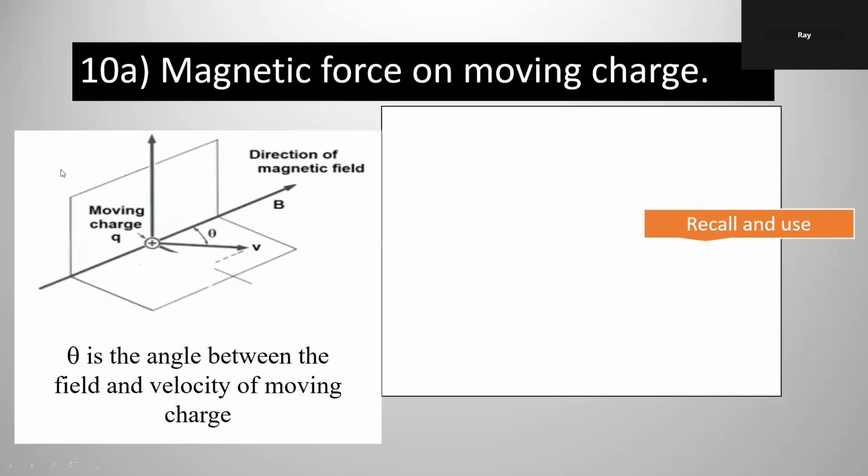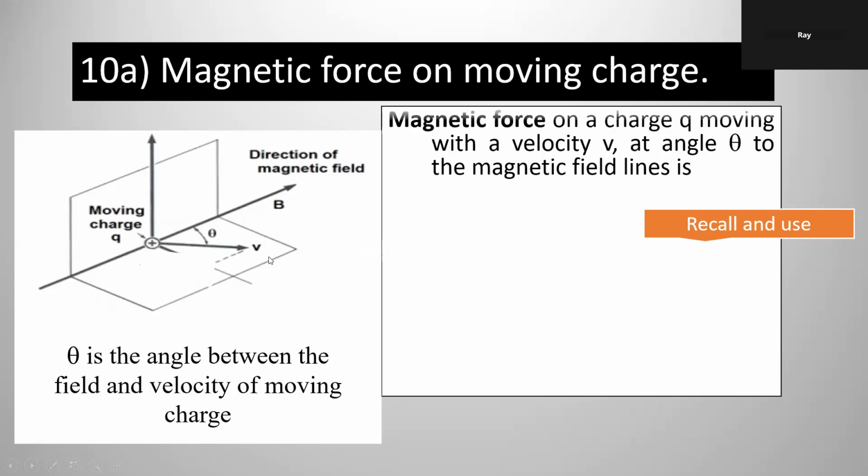And if it's at an angle, instead of coming out, it's going at an angle to the field. Remember, the field component must be perpendicular, BQV. That's the perpendicular component, V sine theta. So V sine theta is the perpendicular component.